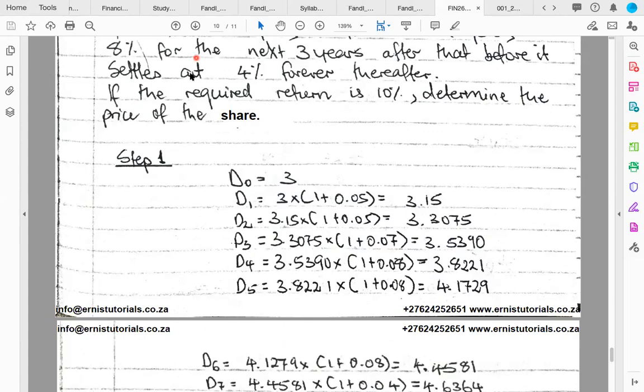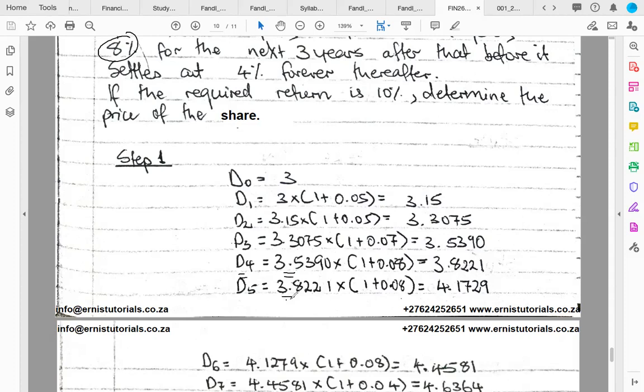And then after that, we were told it will be 8% for the next 3 years. So to get D4, we can then take D3 multiplied by 1 plus the growth rate, which is 8% for the next 3 years. And then we get 3.8221, right, which is D4.